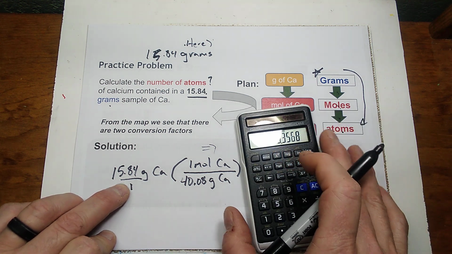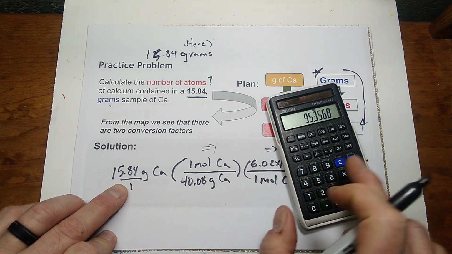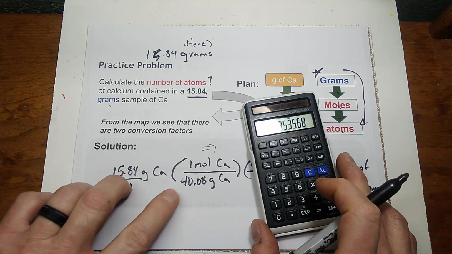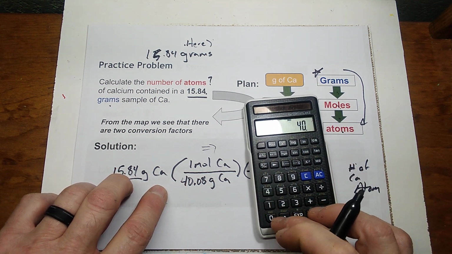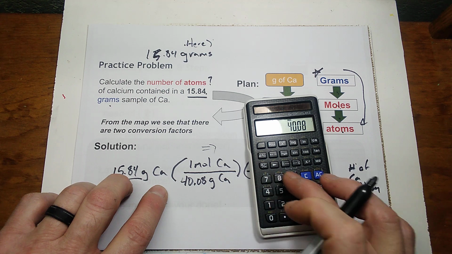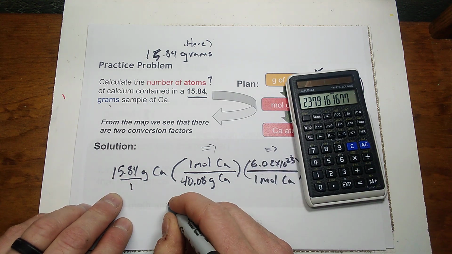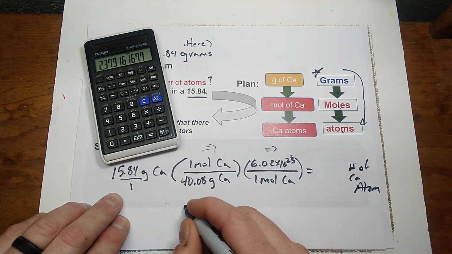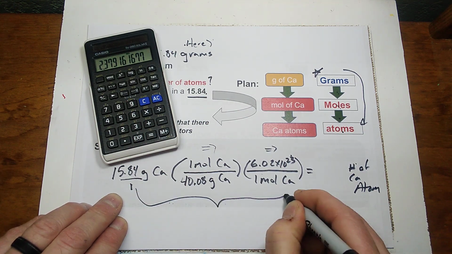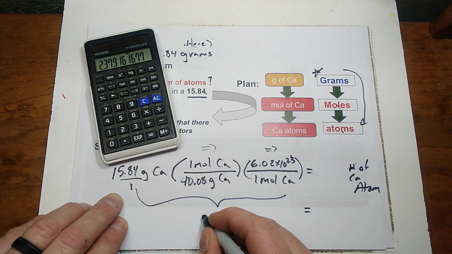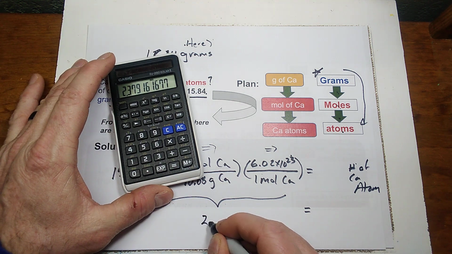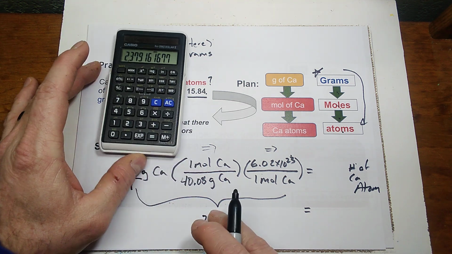As soon as I have the multiplication product, I'm just going to divide that by the 40.08 and hit equals. And now I have my answer, which is equal to 2.3, and let's go with sig figs.